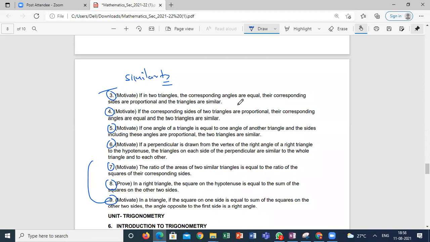From that we are going to discuss if the corresponding sides of triangles are proportional, then the corresponding angles are equal. So third, fourth, fifth are related to similarity triangles. These 3 theorems are given with respect to similarity triangles. So we can see these 3 theorems based on some numericals in the next class.